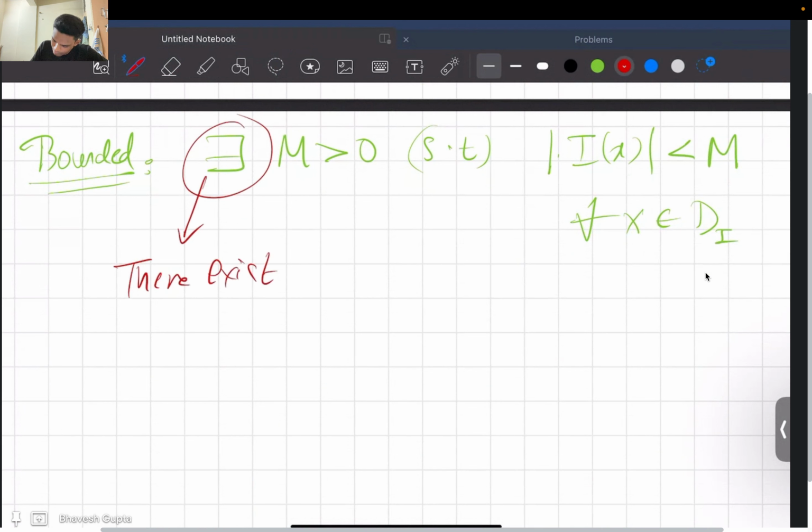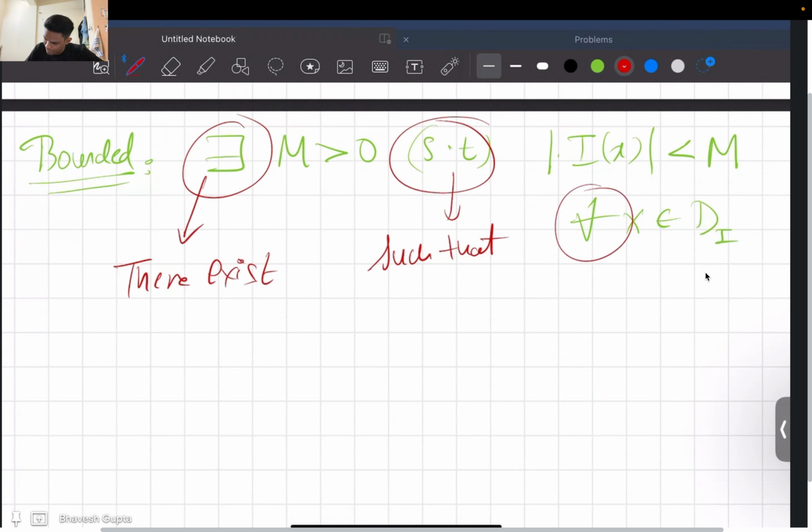Is this clear to you? Yes, sir. Literal English meaning: there exists. This symbol basically tells you such that, a short way to write it. And this basically tells you for all. So what I wrote is an English statement, but in a fancy way, nothing more.